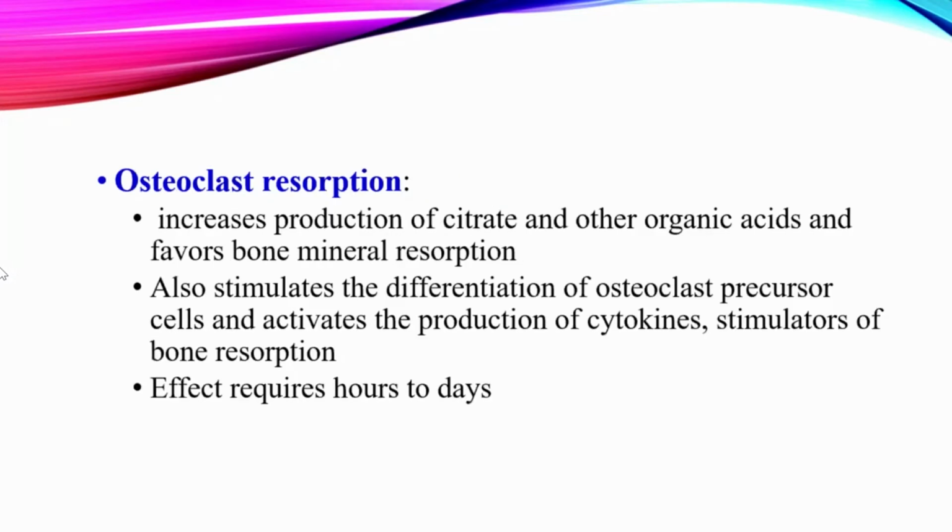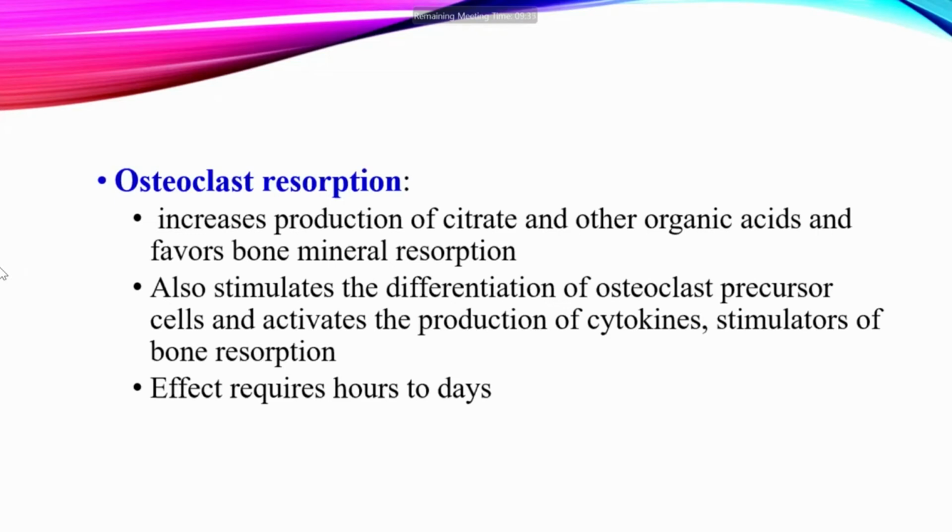The next function is osteoclastic resorption. For that, parathyroid hormone causes increased activity of glycolysis and the TCA cycle, the citrate cycle, which causes increased production of citrate and other organic acids.